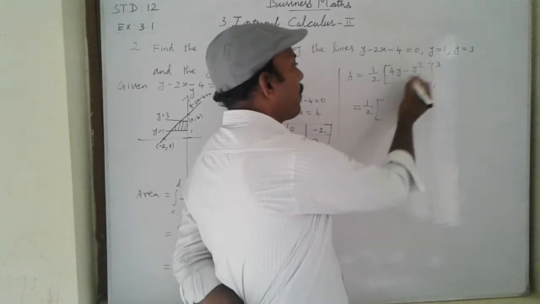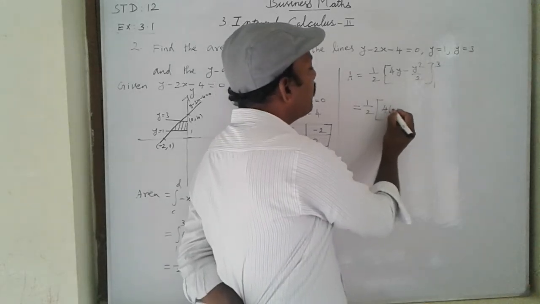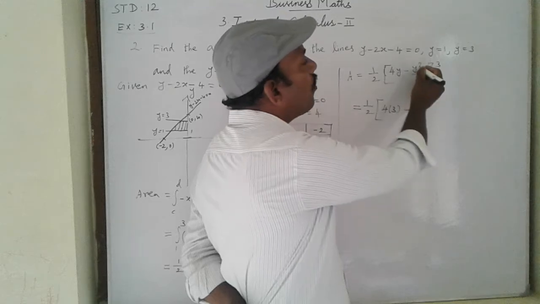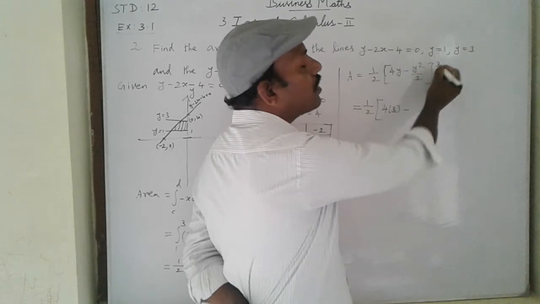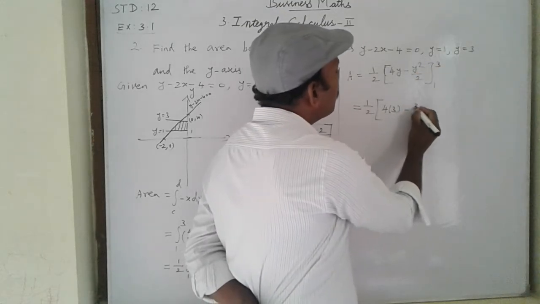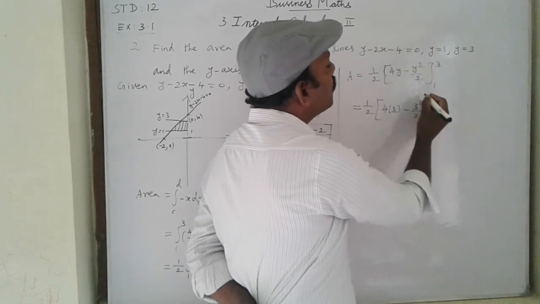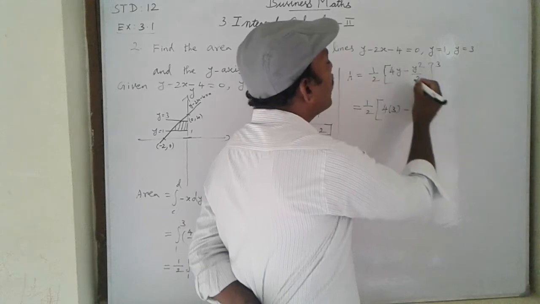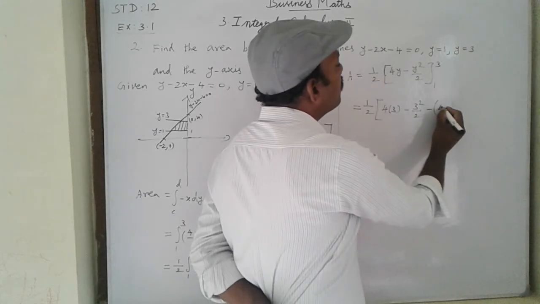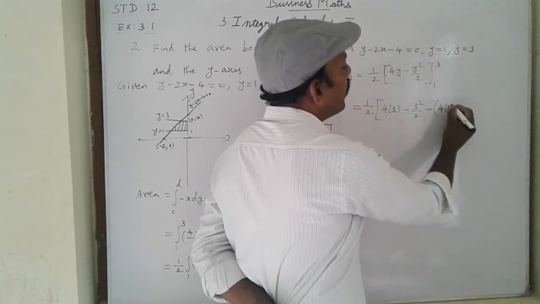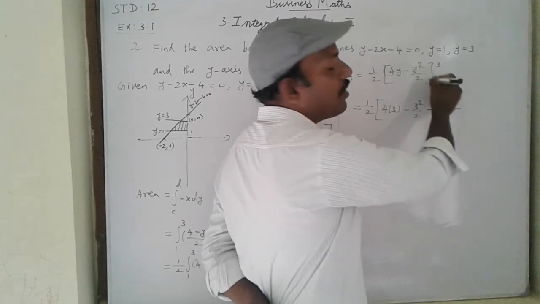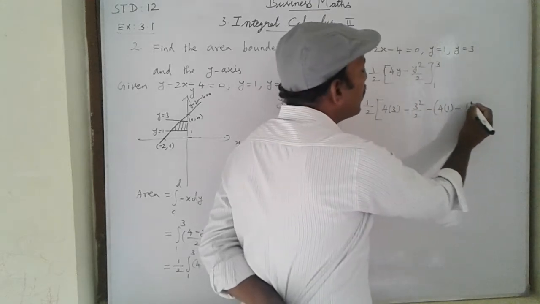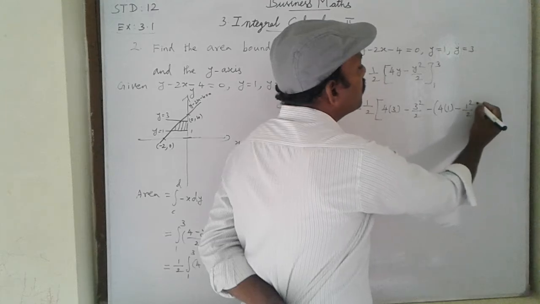Now substitute the limit. 1 by 2 times 4 into 3 minus 3 square divided by 2, for the first limit where y is 3. Next the limit 1, minus in bracket 4 into 1 minus 1 square divided by 2.